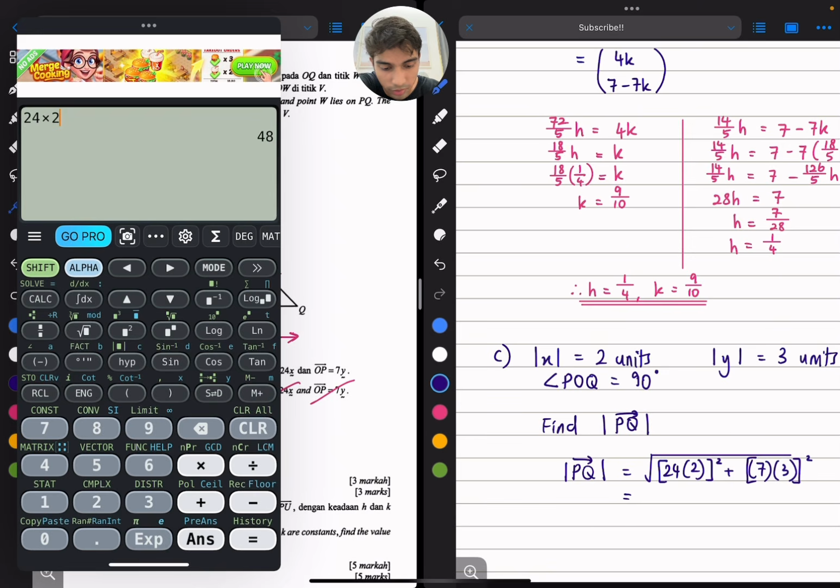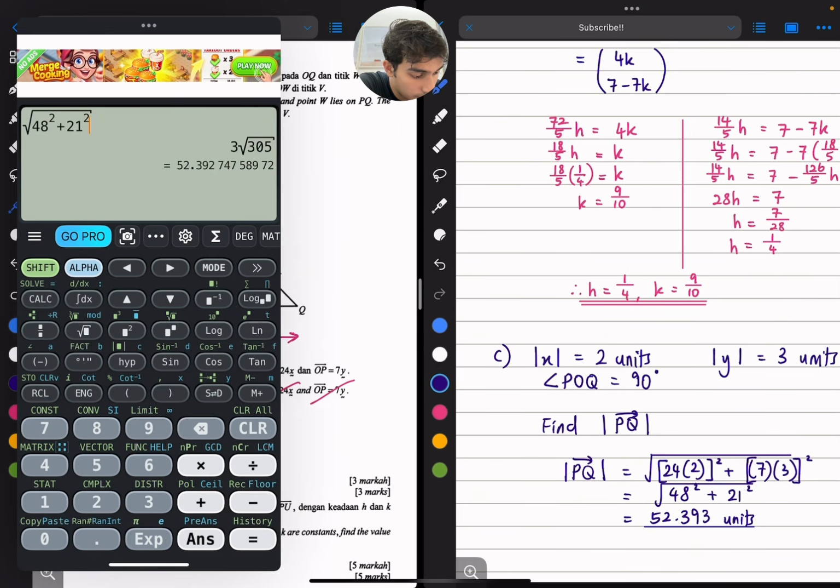So 24 times 2 is 48, 48 square. 7 times 3 is 21, 21 square. Square root of 48 square plus 21 square, we get 52.393 units.